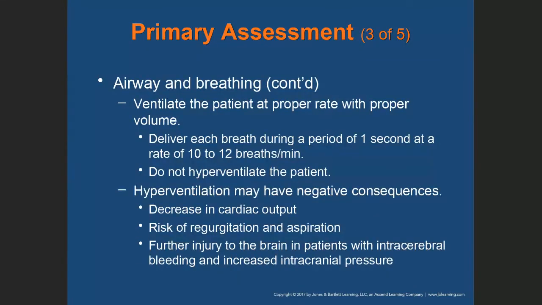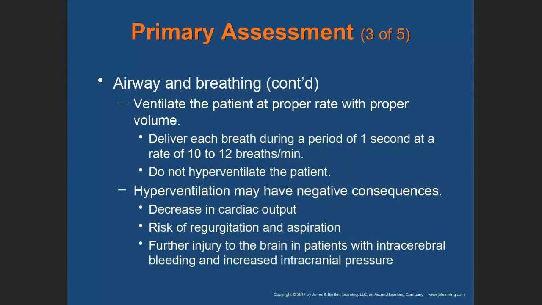Airway and breathing continued. Ventilate the patient at the proper rate with proper volume. Deliver each breath during a period of 1 second at a rate of 10 to 12 breaths per minute. That's if you recognize that there is a ventilation problem. Do not hyperventilate your patient. Hyperventilation may have negative consequences. It can cause a decrease in the patient's cardiac output. It puts the patient at risk for regurgitation and aspiration.